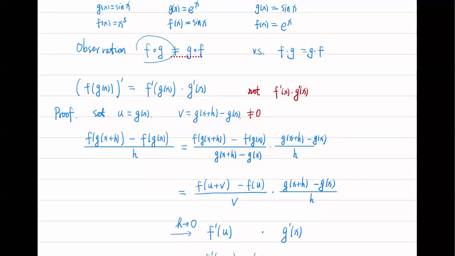Okay, Sophia, you want to say something? What happens when v is 0? Then there's no derivative. Well, it's not so, because when v is 0 for infinitely many h, it means the values are kind of the same near x. In this case, the derivative of this is 0 at x.